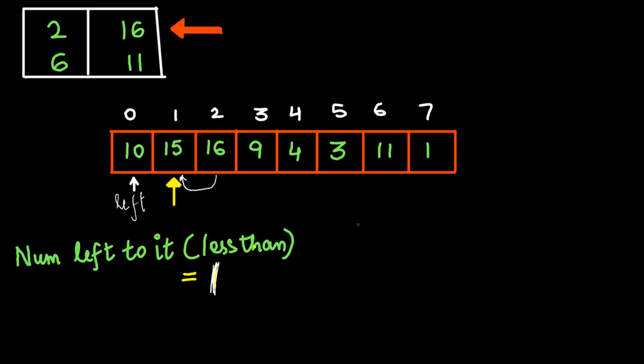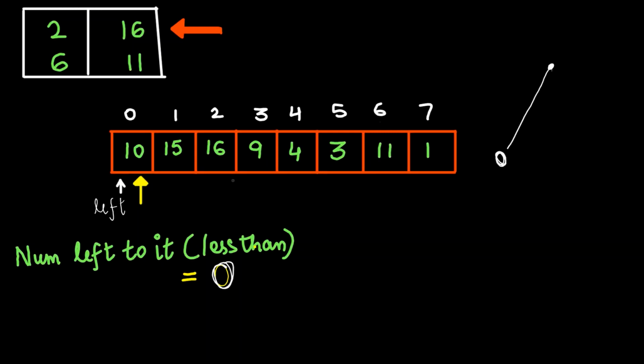Then I'll check whether 10 is less than 15. Yes, so here our arrow will shift to the 0th index. Now on the left I don't have anything. That means the deepness of the peak on the left is at the 0th index.